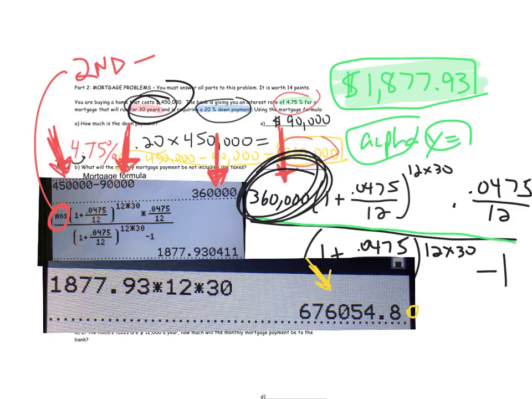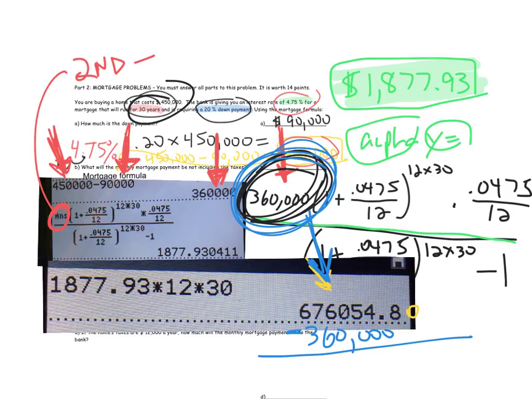But that's not the interest. You borrowed $360,000. You're paying the bank back over $676,000. To figure out how much extra you paid, you're now going to take that $676,054.80 and subtract the $360,000.